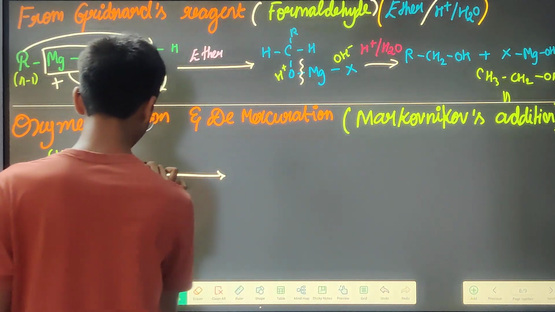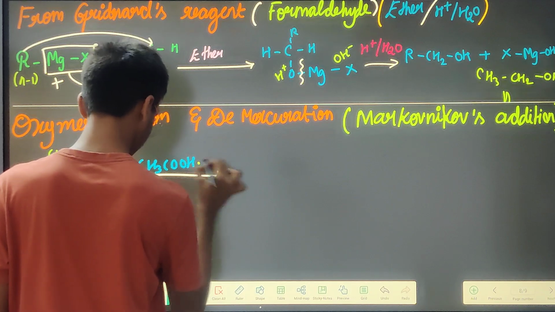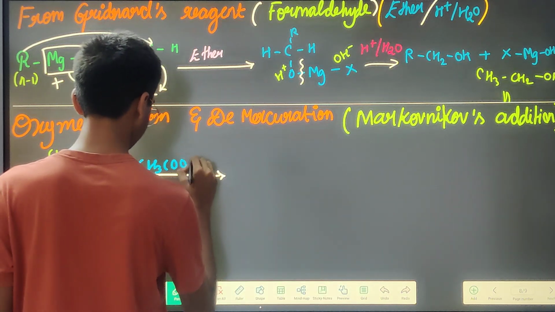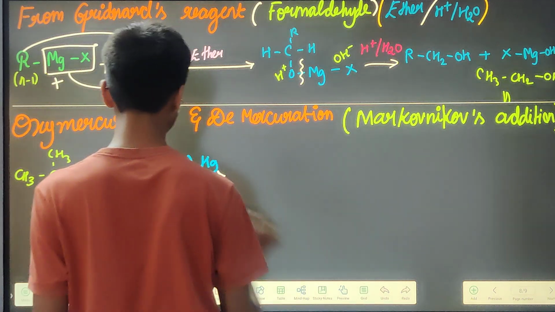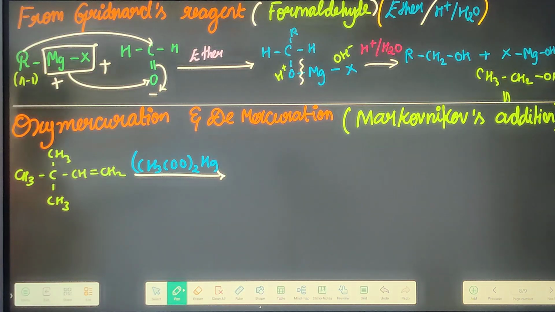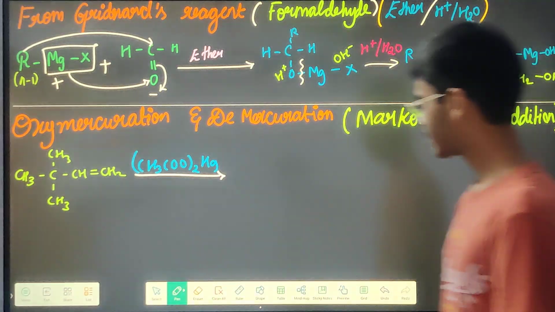So now here you are having CH3COO twice of Hg. This is what your mercuration is.